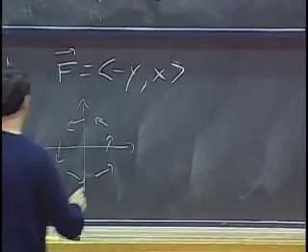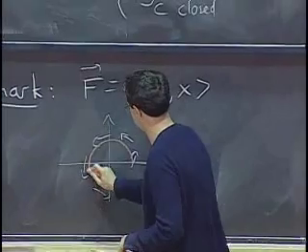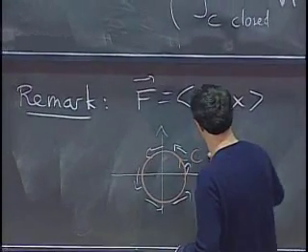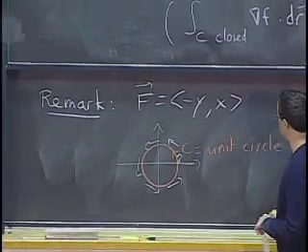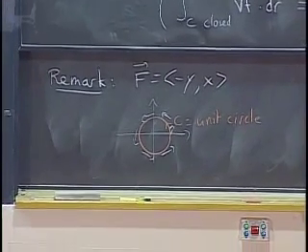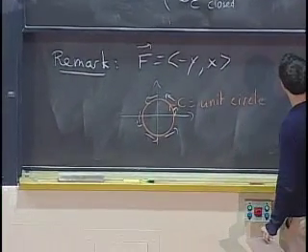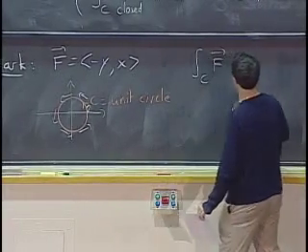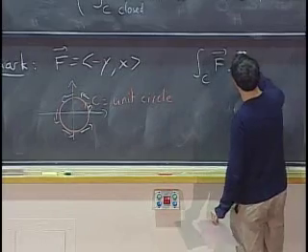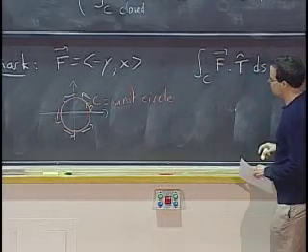Well, we said if you take, say, just the unit circle, for example, counterclockwise. Remember we said yesterday that the line integral of f dot dr, or maybe I should say f dot t ds now.